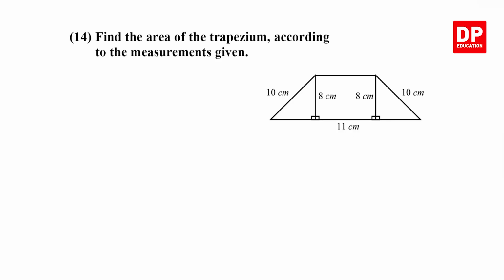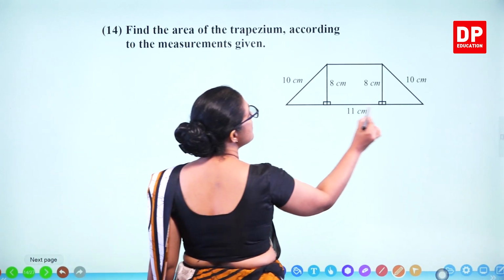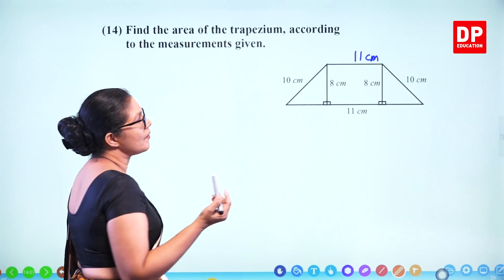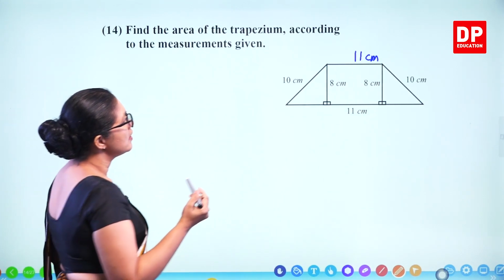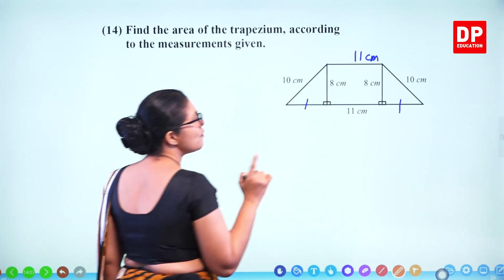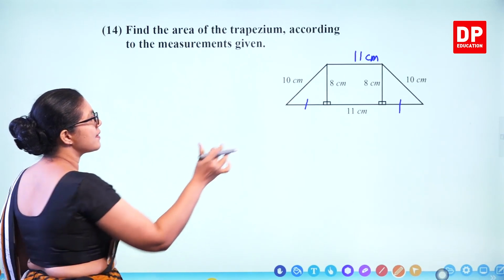Question number 14. Find the area of the trapezium according to the measurements given. This is 11, means this is 11. Can we find out these lengths? So this length is the same as this length. If we use Pythagoras theorem, we can find this length.